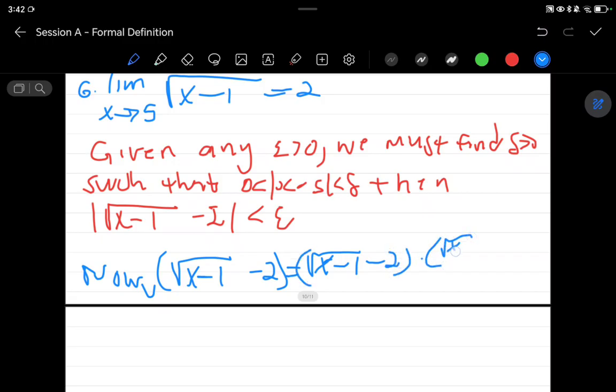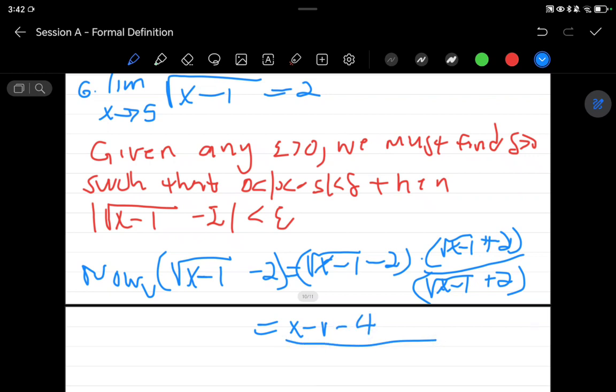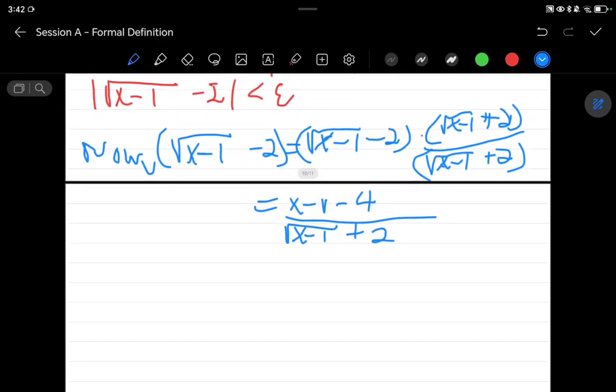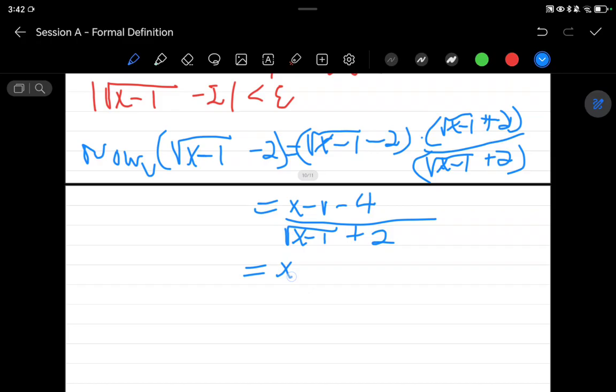Times the root of x minus 1 plus 2 all over the root of x minus 1 plus 2. Then root by root, we get x minus 1. Negative times positive, we get negative. 2 times 2 is 4. We have all over the root of x minus 1 plus 2. From here, this is equal to x minus 5 all over the root of x minus 1 plus 2.